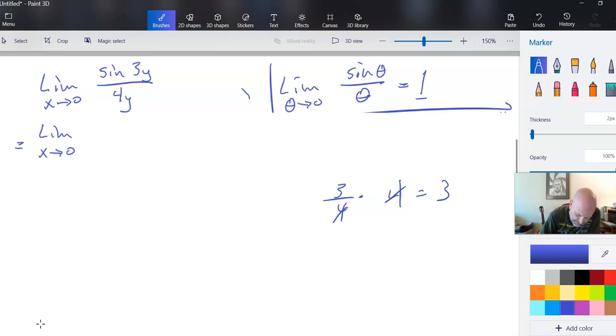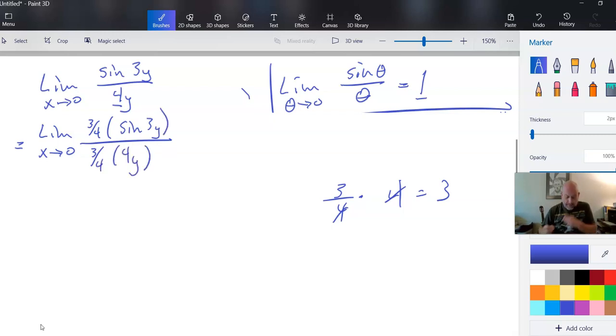So this is now the limit of 3/4 times sine 3y over 3/4 times 4y. I chose the 4 in the denominator of the fraction to cancel the 4 out here, right? Well, this will cancel this out.